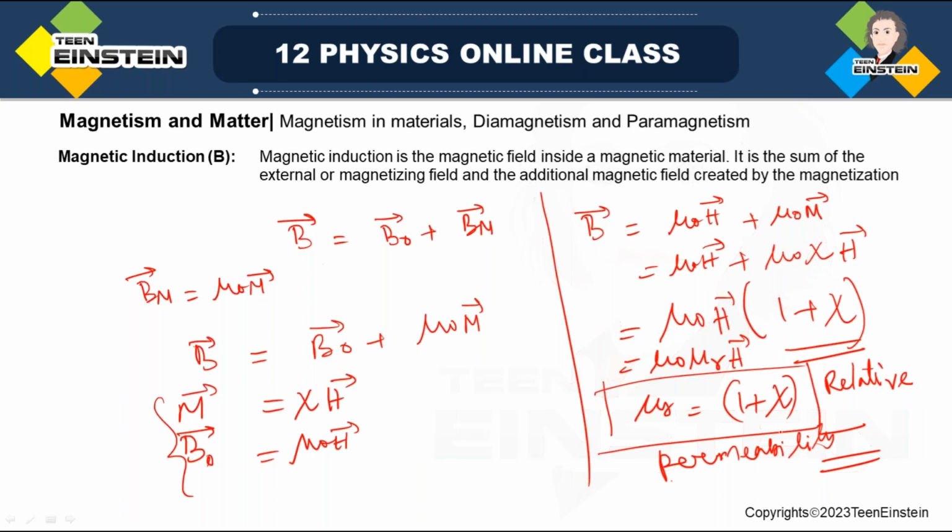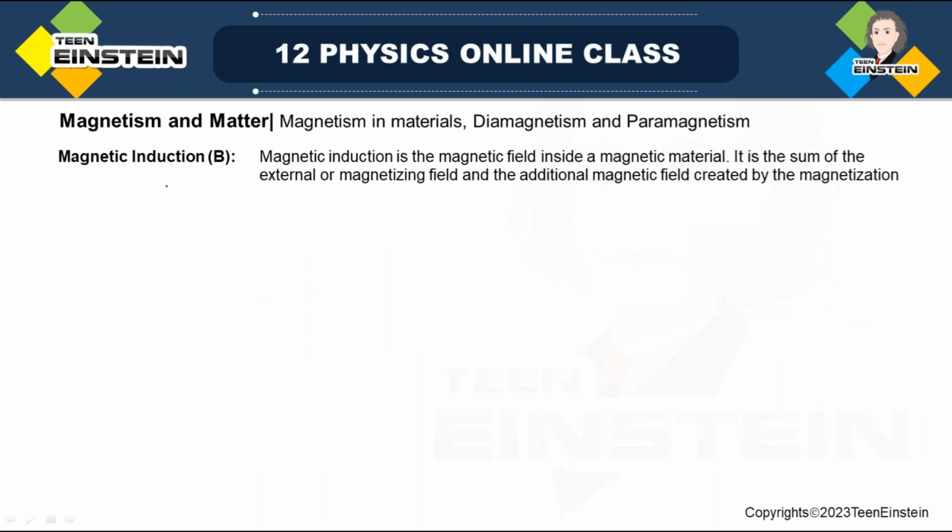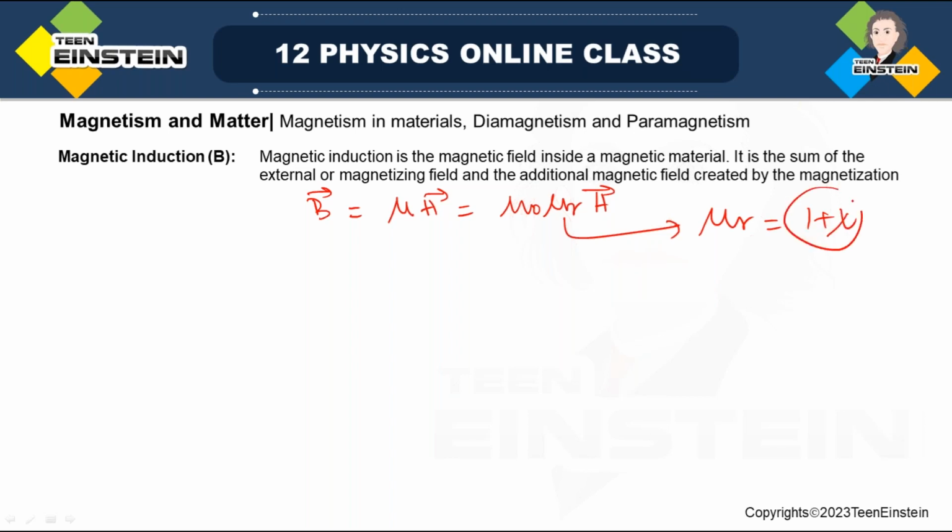What is magnetic susceptibility? We'll define it here. So B, which is inside the material, will be written as mu into H, or mu0 into mu r into H. And this term is called relative permeability, which is 1 plus chi.